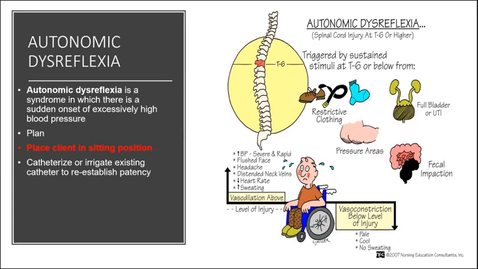And then we can check the rectum for any fecal mass. Remember, if you can initiate a daily bowel program, that would help to eliminate this trigger. And finally, we can give our client hydralazine, and this would help to reduce that excessive blood pressure.